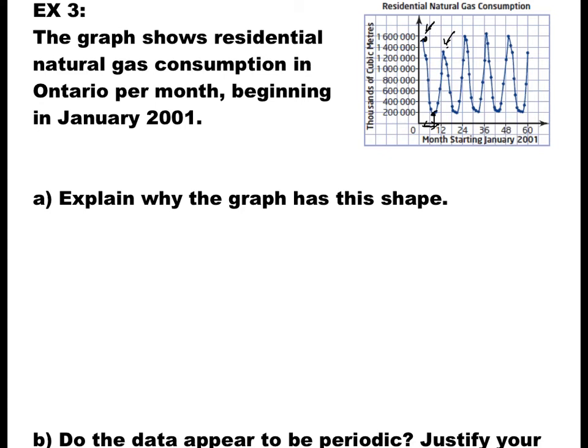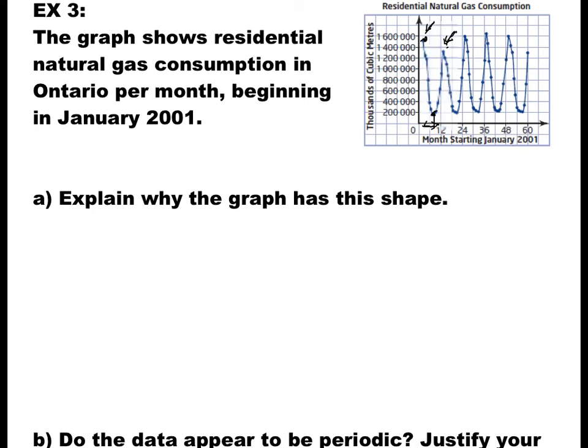And then when it gets again to the end of the year, which is month 12, again it's going to be winter, so the amount of gas used is going to be higher. So that's why the graph looks like what you see on the screen. And this obviously shows you a periodic function because it almost repeats itself.